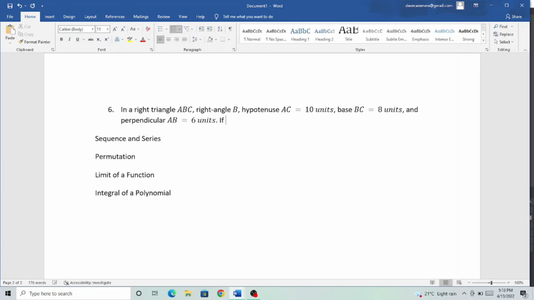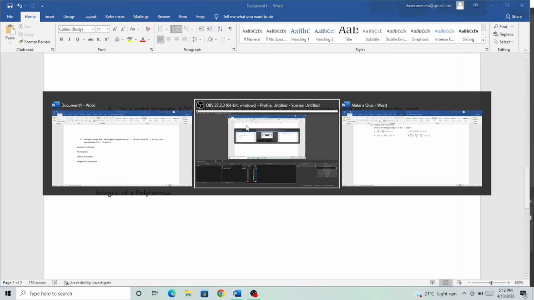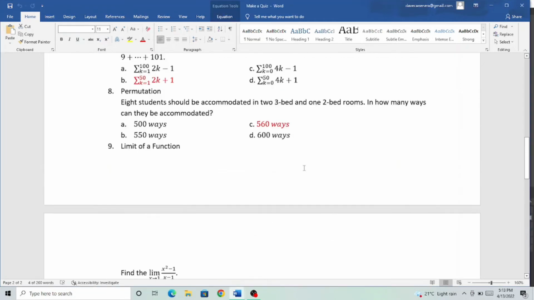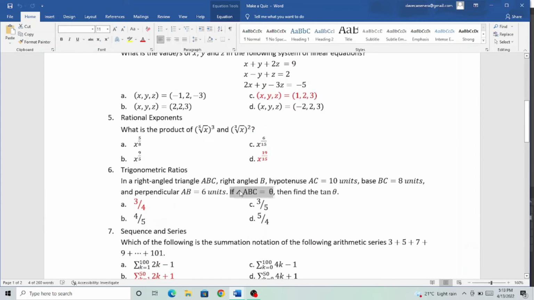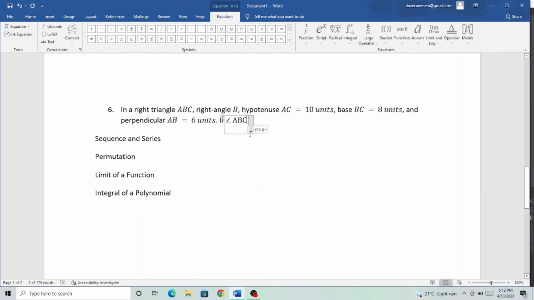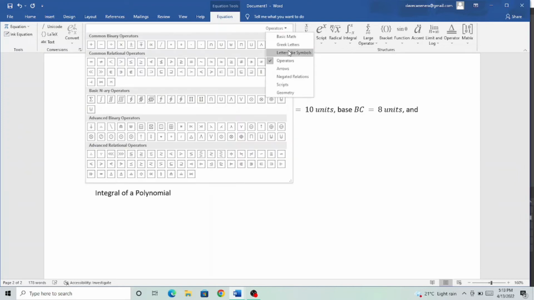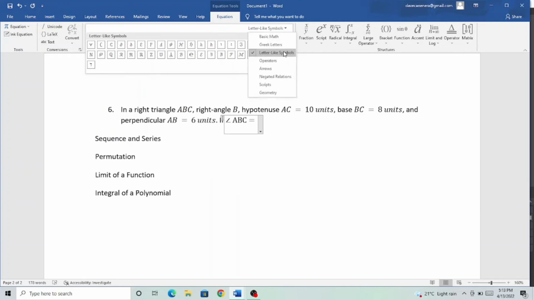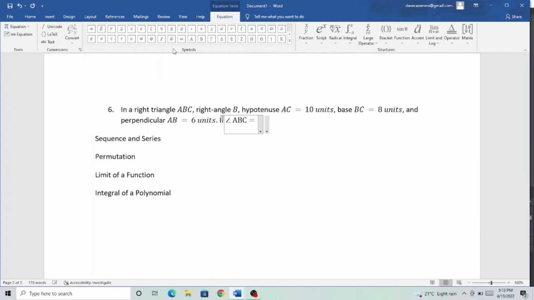If angle ABC, let's copy that. Angle ABC equals theta.